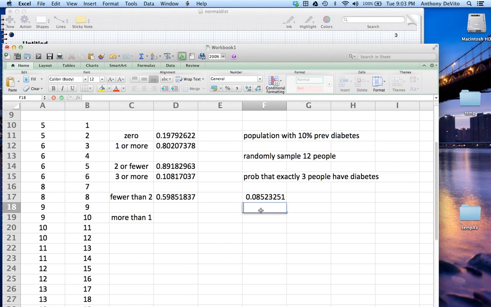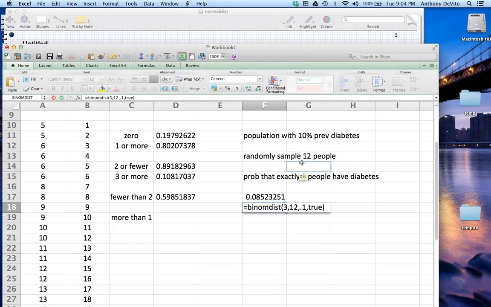If I had put in true, I'm going to do the same thing: 3, comma, 12, comma, 0.1, comma, except this time saying true. It's going to give me the probability of having 3 out of 12, 2 out of 12, 1 out of 12, or no people out of 12.